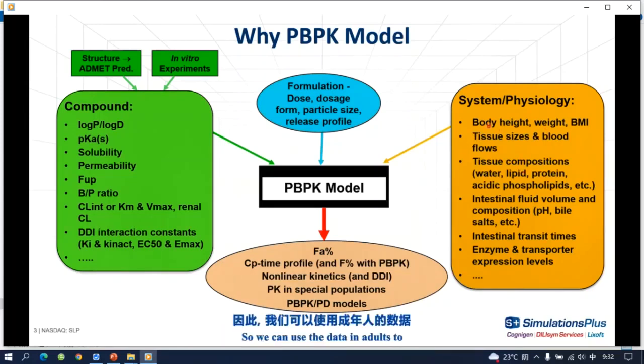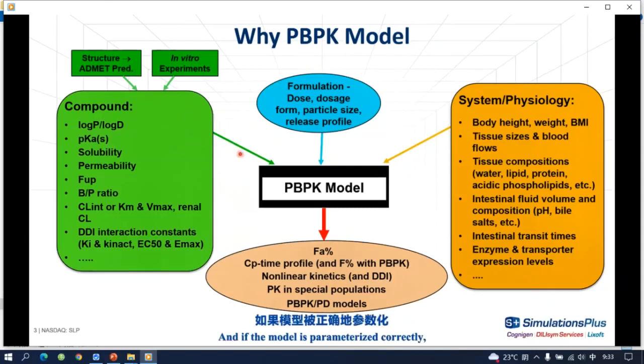So we can use the data in adults to parameterize these relationships and verify that we are correctly capturing all of the relevant mechanisms. For example, capturing the interaction of your compound with specific enzymes and transporters, or how the compound will be dissolving and getting absorbed under different conditions by properly parameterizing the ionization and solubility aspects and so on.